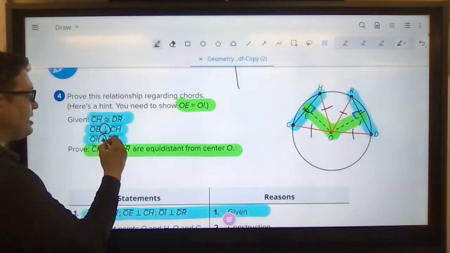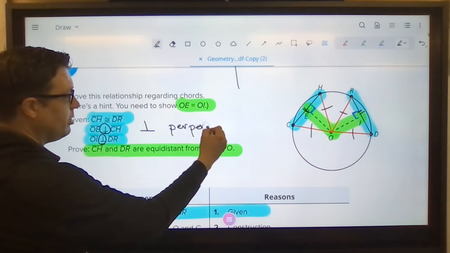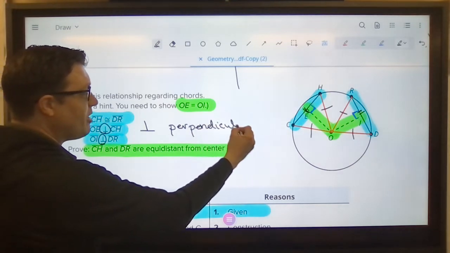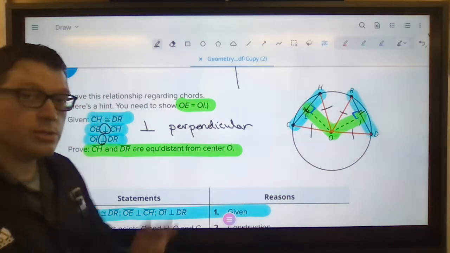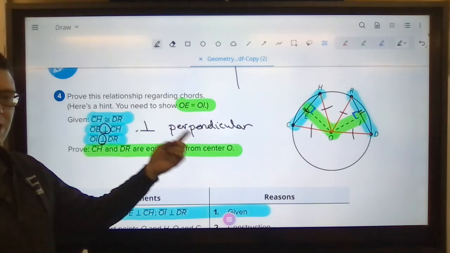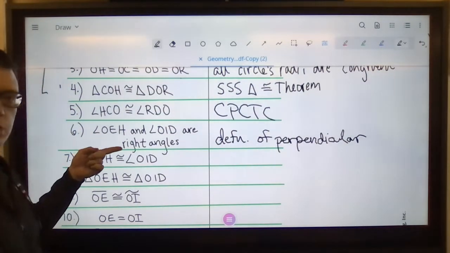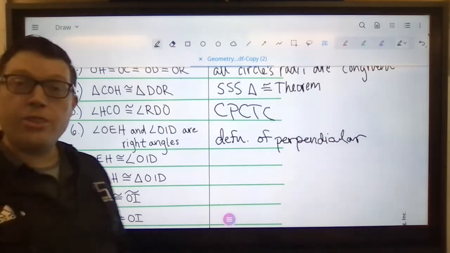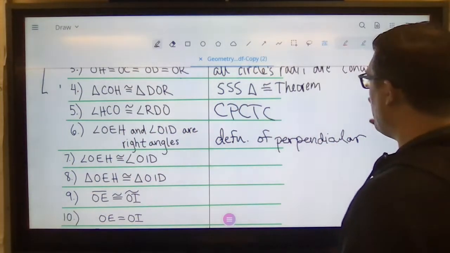So this upside down symbol means perpendicular. And maybe you know that already, maybe you've never heard that before, but trust me, if you were paying attention, you've heard that before. So welcome to the rest of the world. The upside down T for us is going to mean perpendicular, and things that are perpendicular are actually forming right angles.